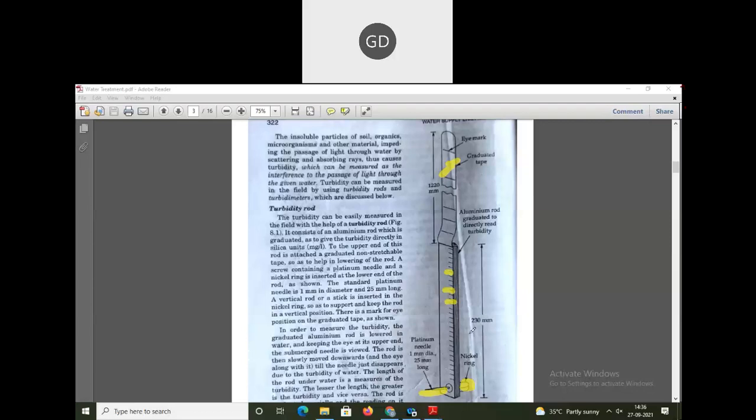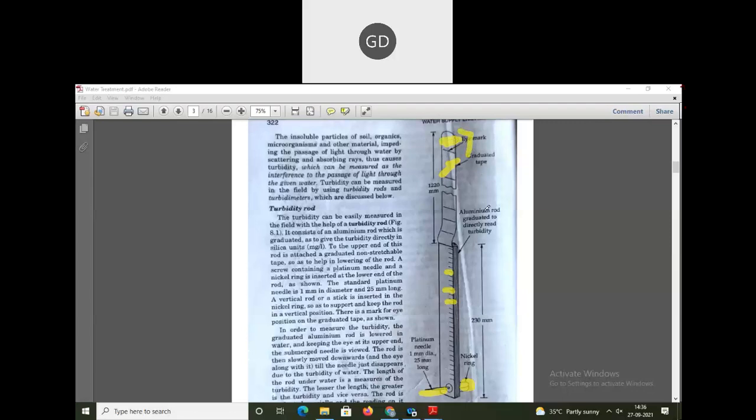At the upper end there is an eye mark, which you can see from above. So this is the whole setup of the turbidity rod.